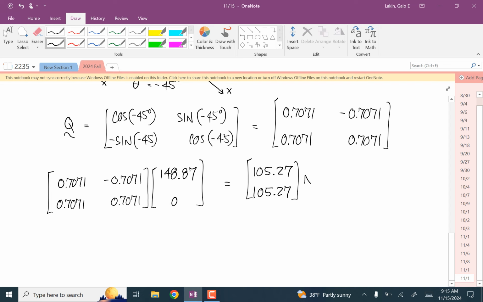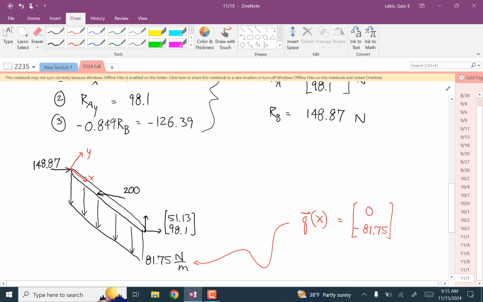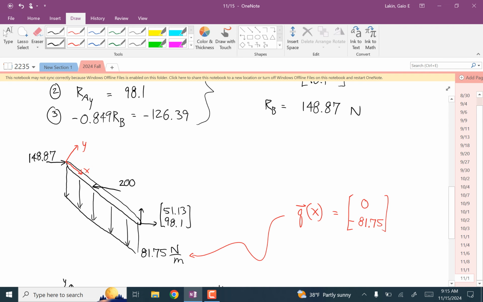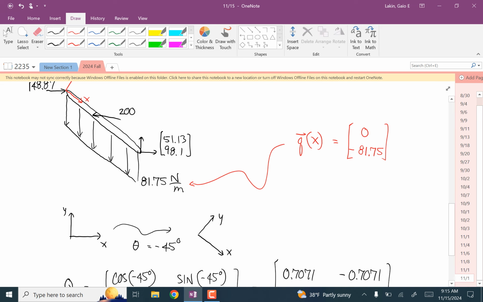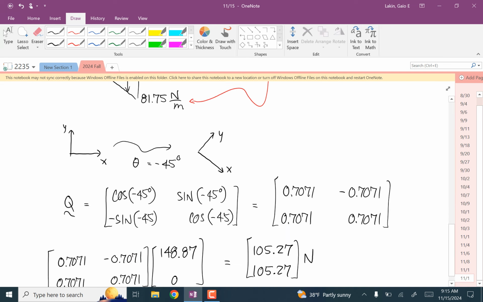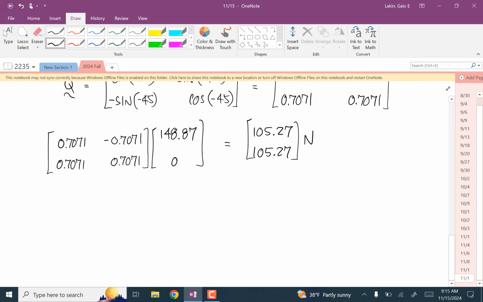Okay, and this one's newtons. And that's going to be at our left end of our beam. So look at that and make sure that makes sense. When we express our beam in our new coordinate system and just think of it as horizontal, this is going to be the force on the left end. Now let's go to the 200.